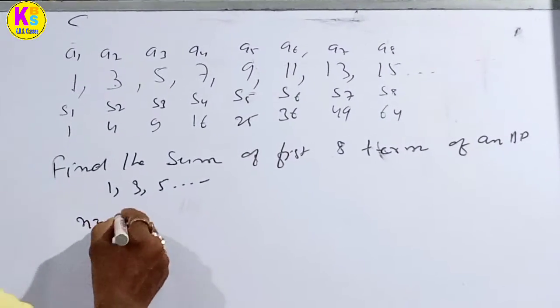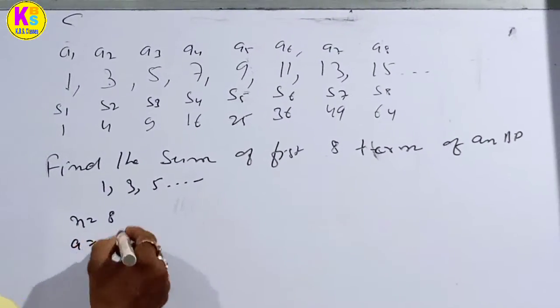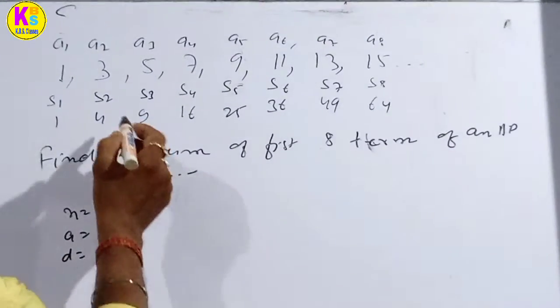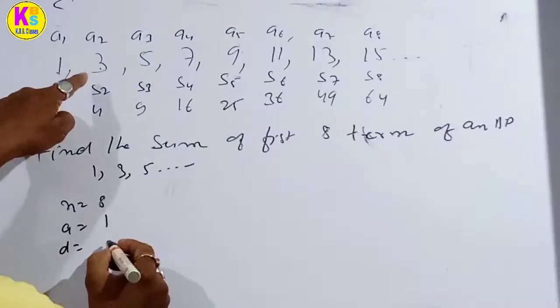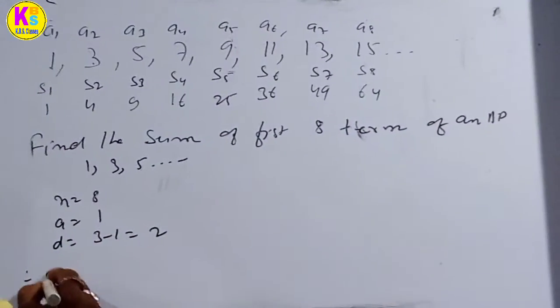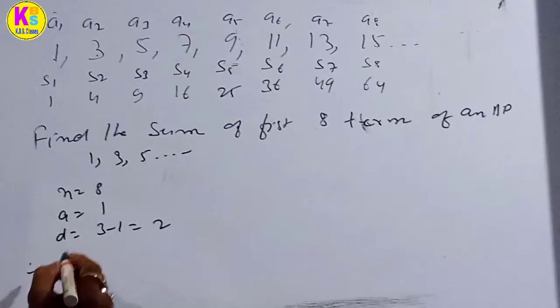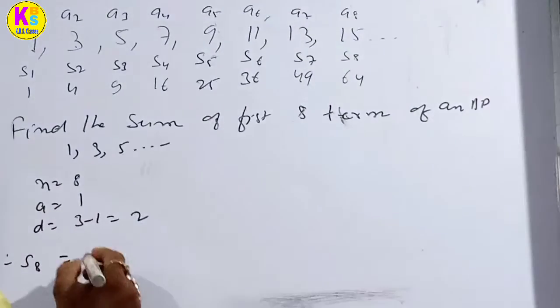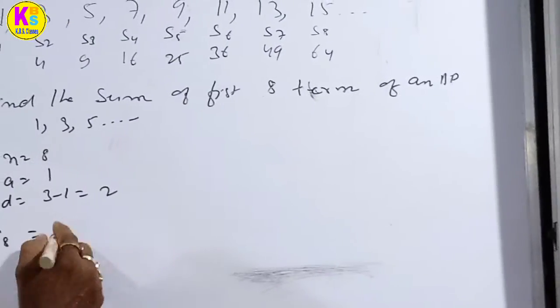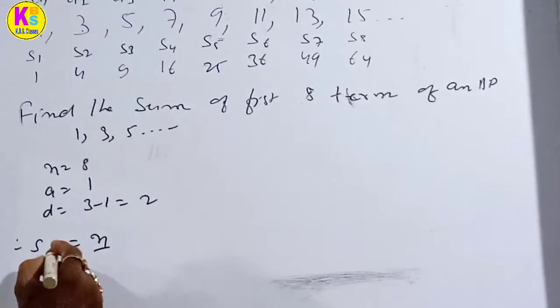Therefore n is equal to 8, a is equal to 1, and common difference d is 3 minus 1, which is equal to 2. Therefore S8, the sum of the first 8 terms, is equal to... What is the formula? n by 2. First write the formula.